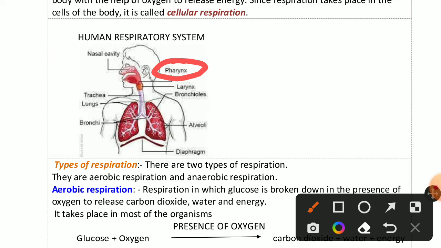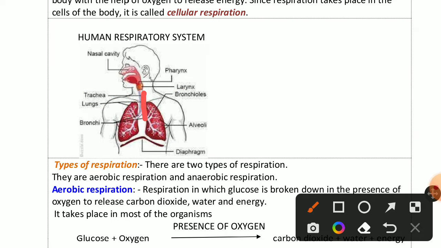Trachea is the path through which the inhaled air goes to the lungs. This is the trachea that I am annotating. The pipe is called trachea.